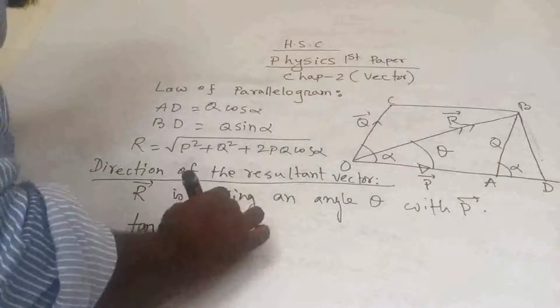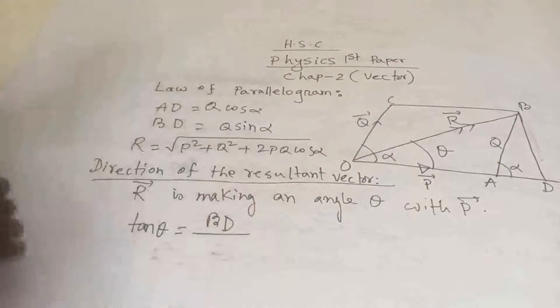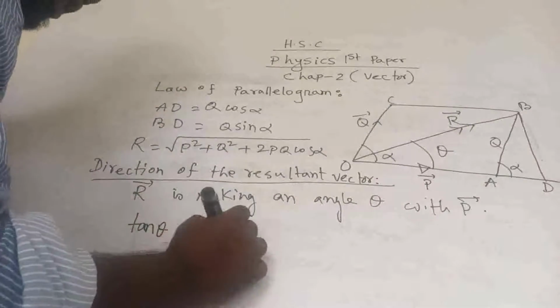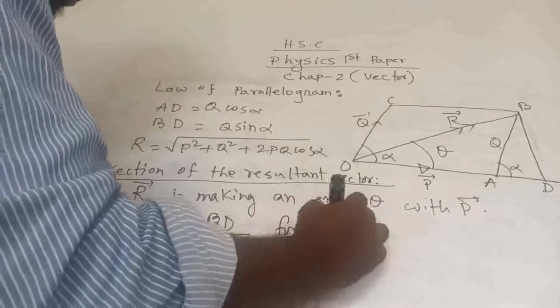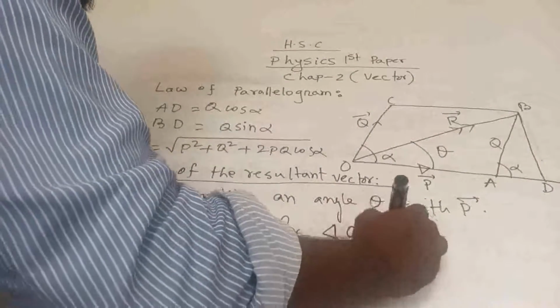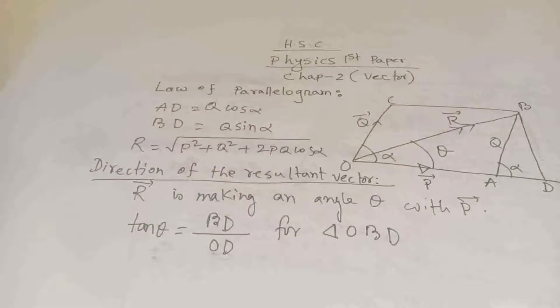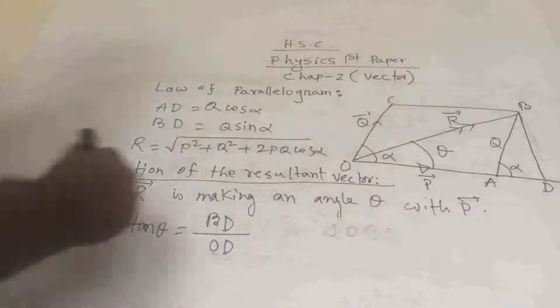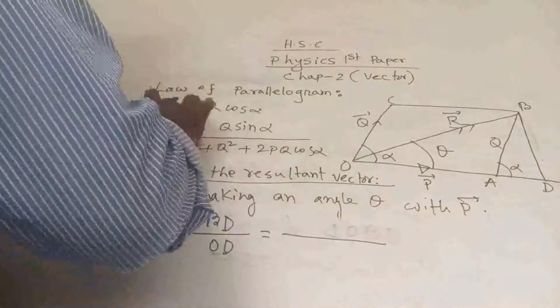Opposite is BD, the perpendicular, divided by the base, and here the base is OD. For triangle OBD, tan theta is equal to BD by OD. BD is equal to Q sin alpha.